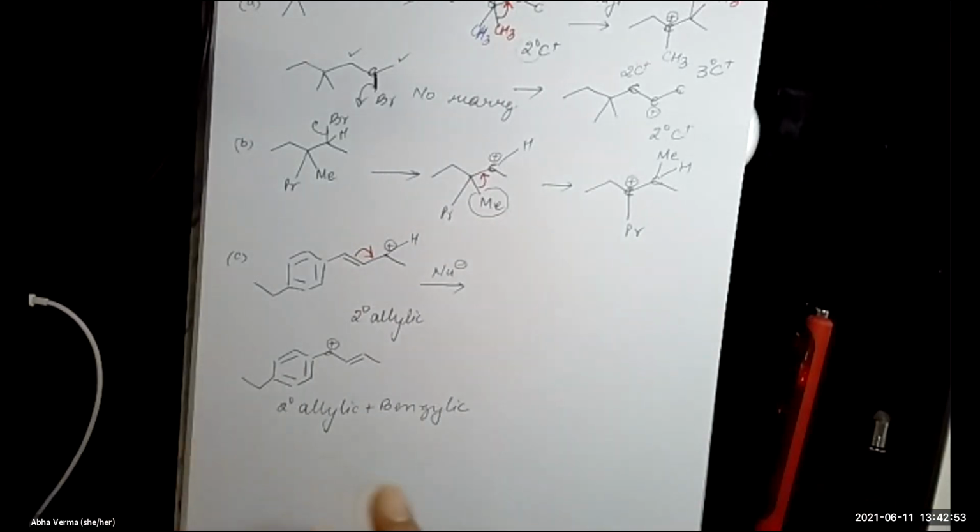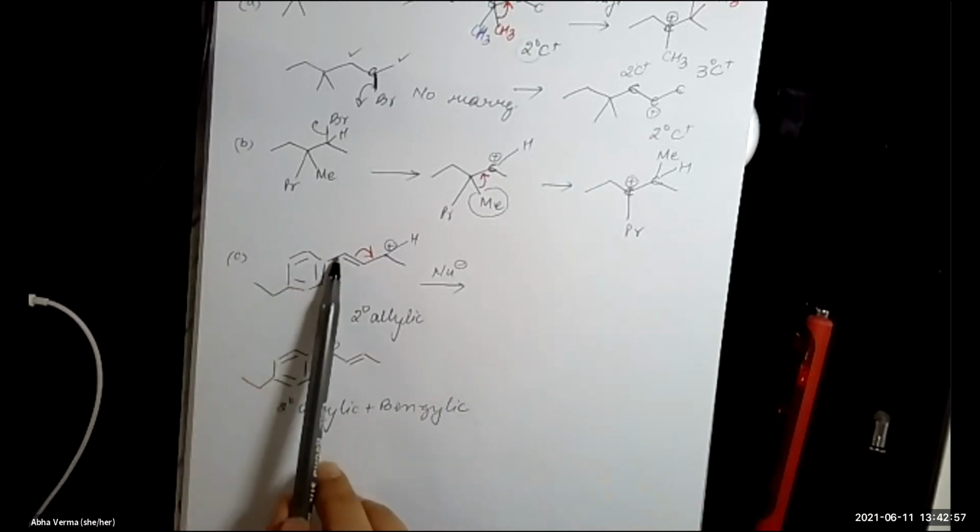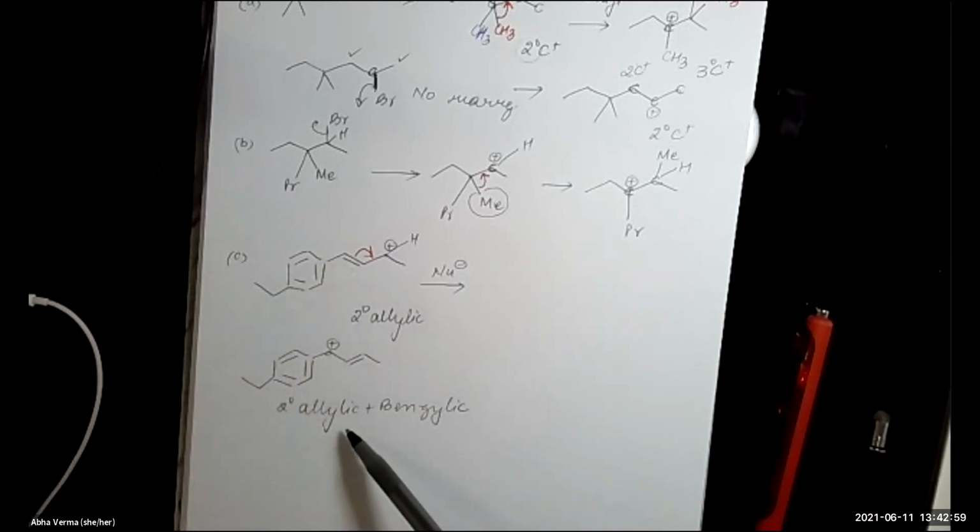So besides doing hydride shifts and methyl shifts, even by doing resonance, your carbocation can rearrange to a more stable carbocation, it will do that. Okay, so I think this example should be under resonance and not alkyl shift.